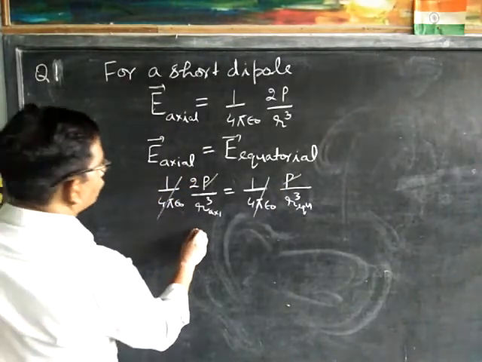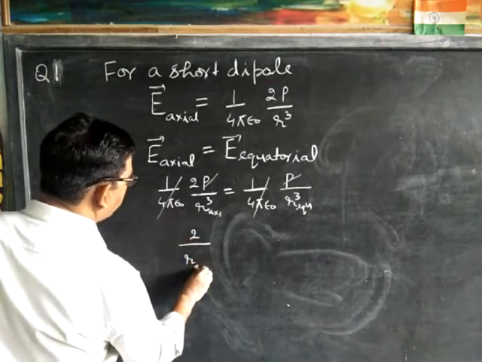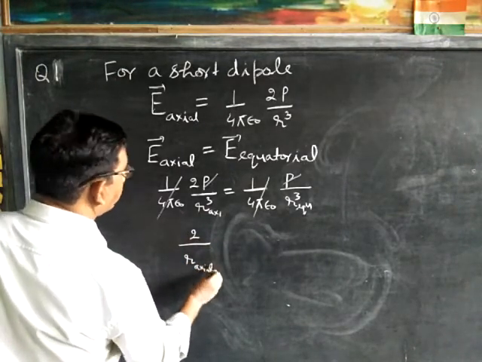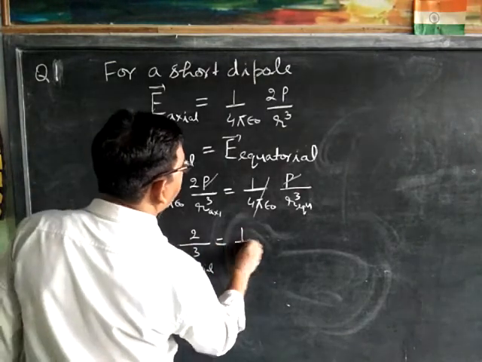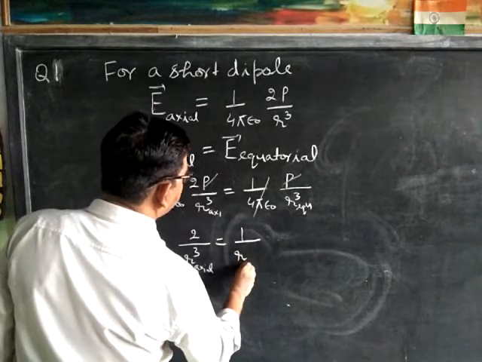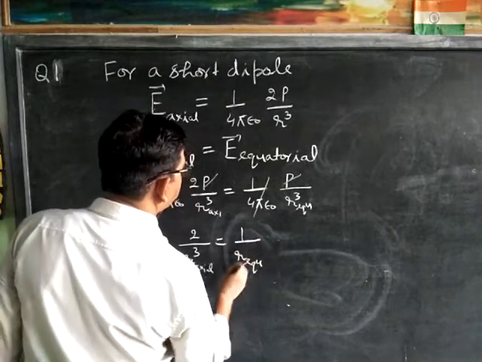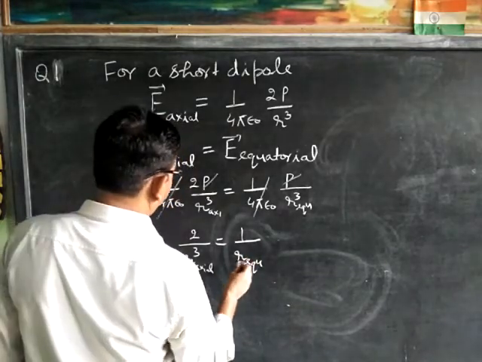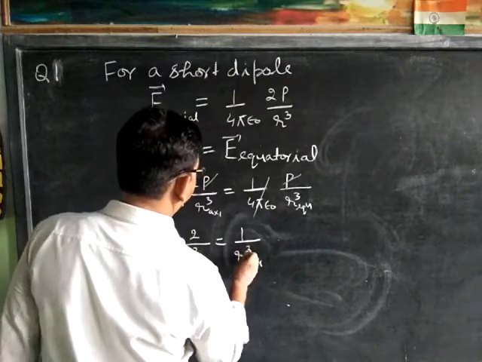Thus 2 upon r axial cube is equal to 1 upon r equatorial cube.